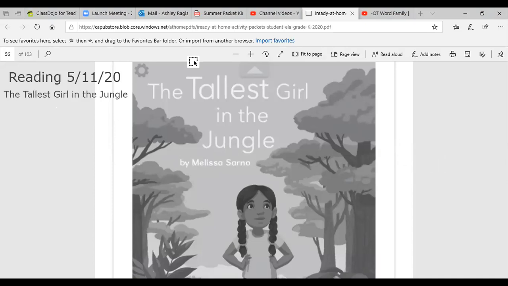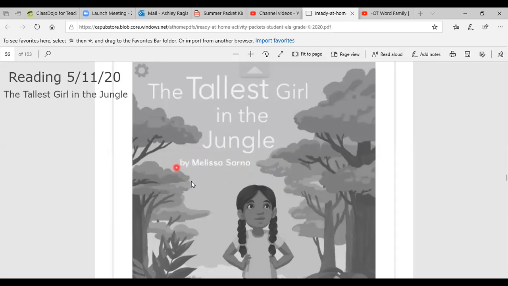Okay, so as you already know, the title is right here on the front cover of the book. It's always on the front cover. And then it's usually one of the largest words that you see, right? There's usually the author on the front cover, and usually their name is a little bit smaller. But see, it says the word by and then Melissa Sarno.